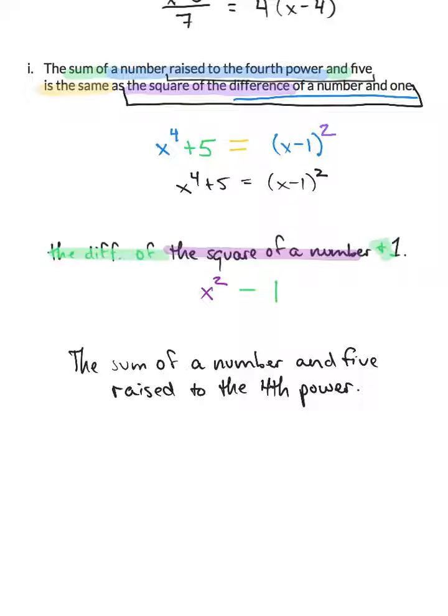So when I read this, I do have the sum of. Remember that with sum of, I want to replace my and with my operation. So what we have here is the sum of a number. That will be x plus, and then the last part of this is 5 raised to the 4th power.